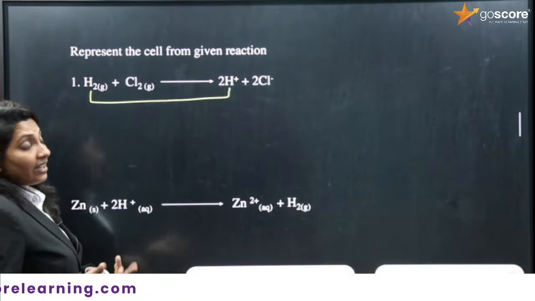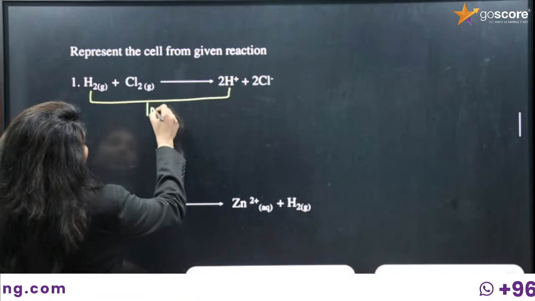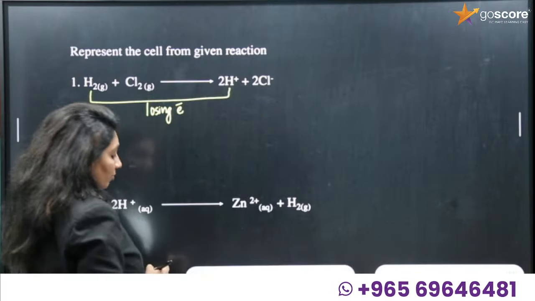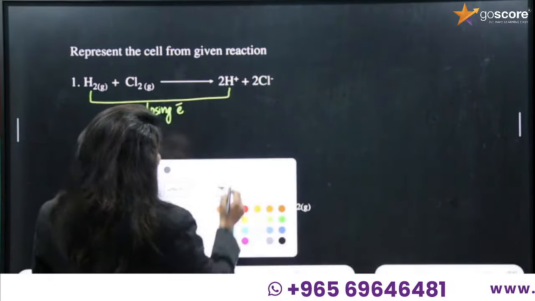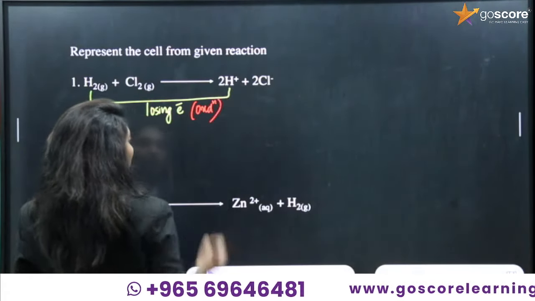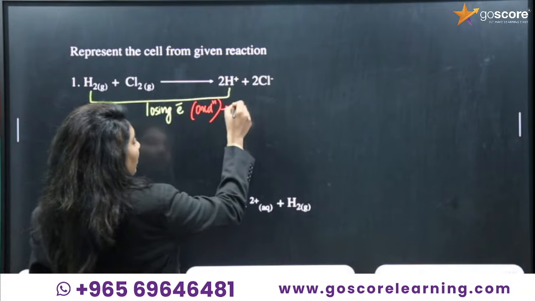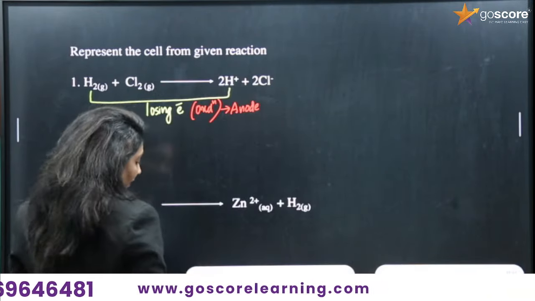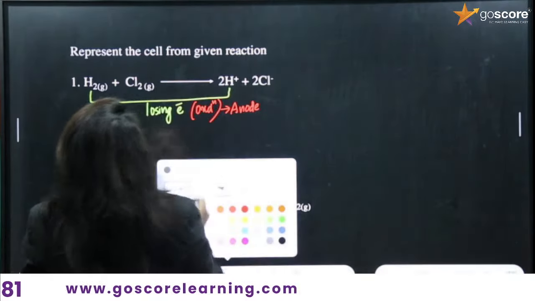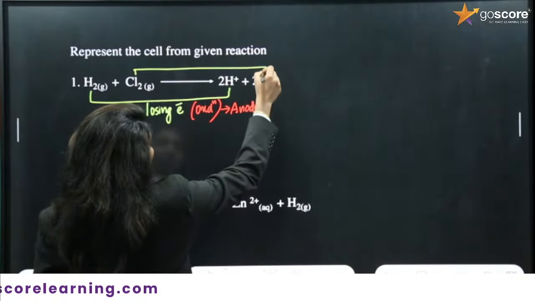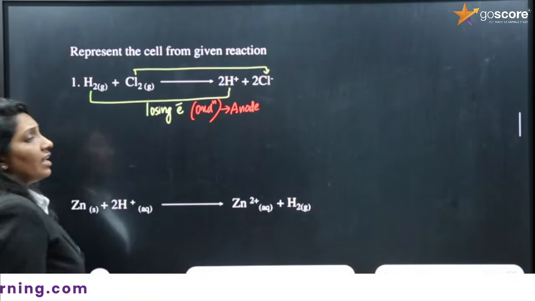That means it is losing electrons. Losing electrons means it is getting oxidized, right? The oxidation occurs. Where will the oxidation occur? At the anode, isn't it?